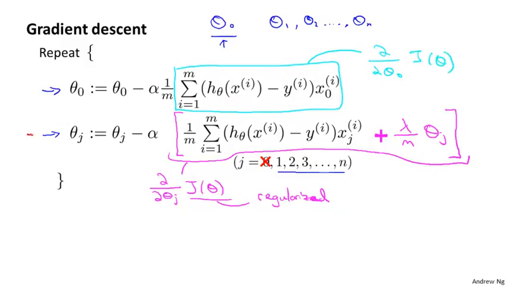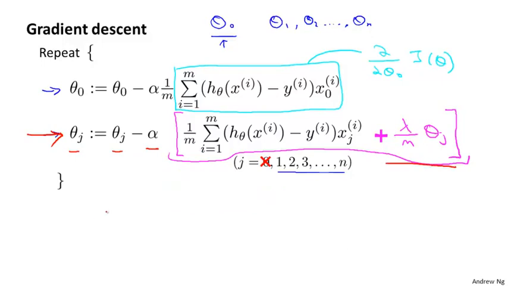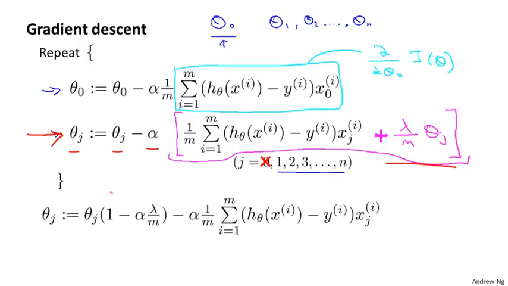If you look at the update for theta j, it's possible to show something pretty interesting. Theta j gets updated as theta j minus alpha times this other term that depends on theta j. If you group all the terms that depend on theta j together, you can show that this update can be written equivalently as follows.